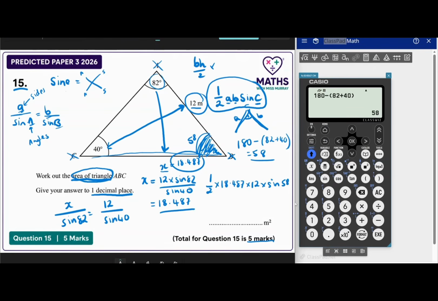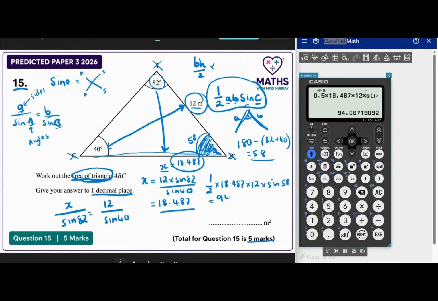So I literally just type that into my calculator. So I've got half or 0.5, you can use either, they're the same, 18.487 times by 12 times by sine of 58, close bracket, enter, and there is my answer.